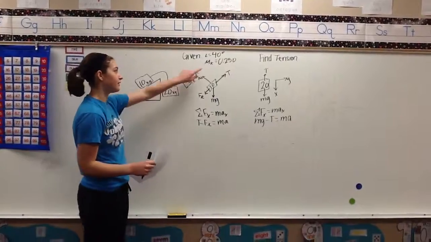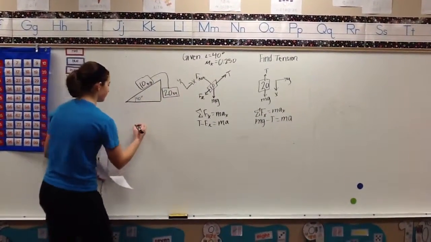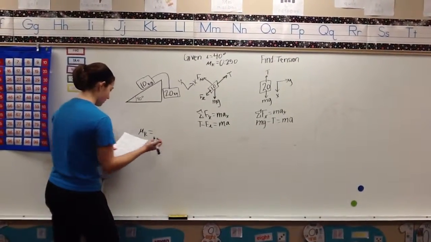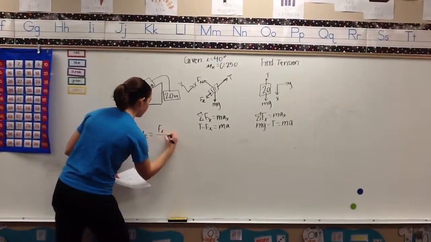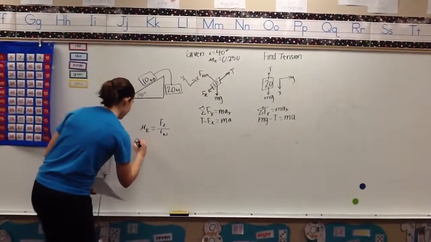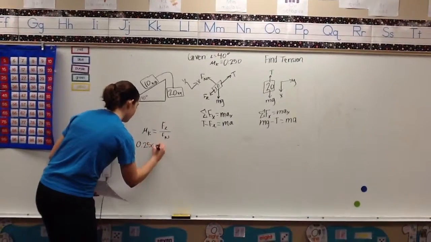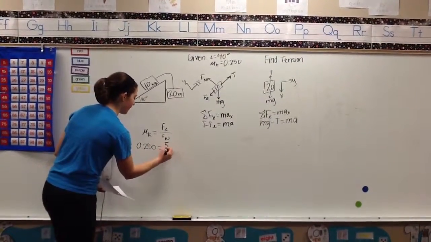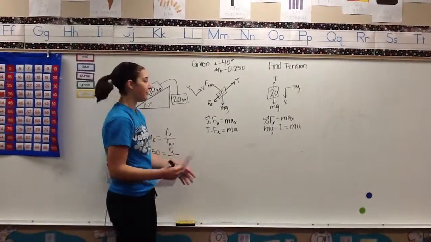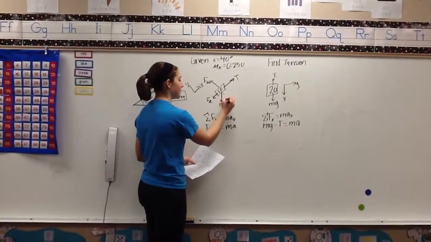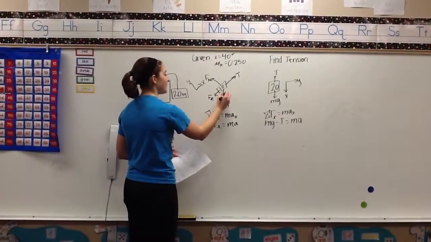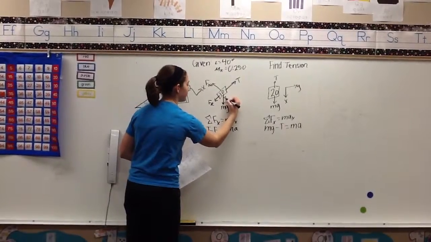So then you need to find the friction for this one. Since you're given the friction coefficient, you can use the formula mu k equals the friction over the normal force. So 0.25 equals the friction, which is what you're trying to find, over the normal force. For this one, since it's on an inclined plane, you have to divide this into its x and y components. Since this is 40 degrees, this angle right here is also 40 degrees.